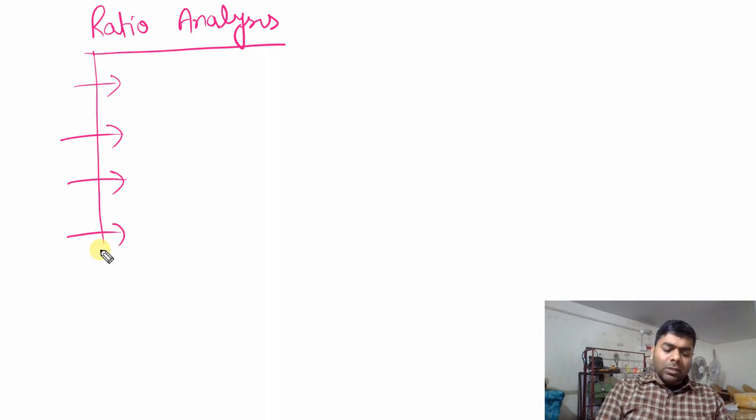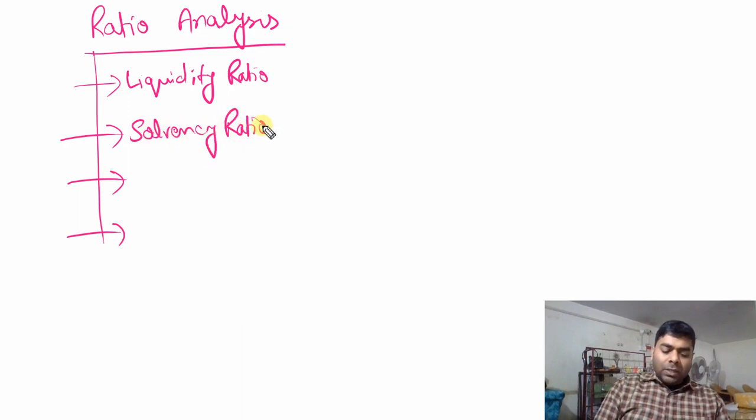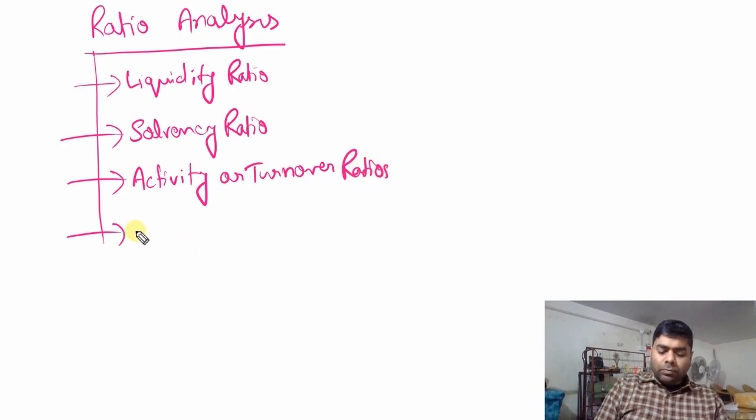That is liquidity ratio, solvency ratio, activity or turnover ratio, and the last one is profitability ratio.